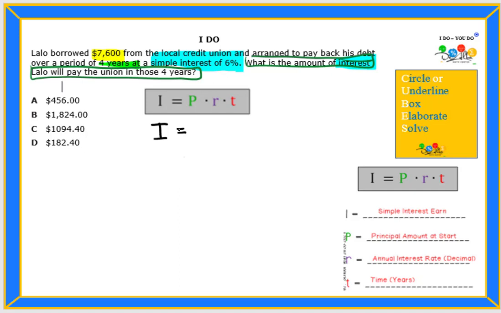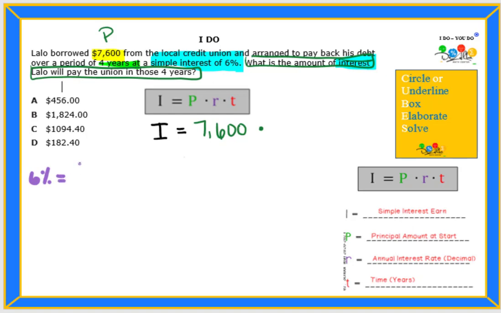That was our $7,600, times the rate, but in decimal form.